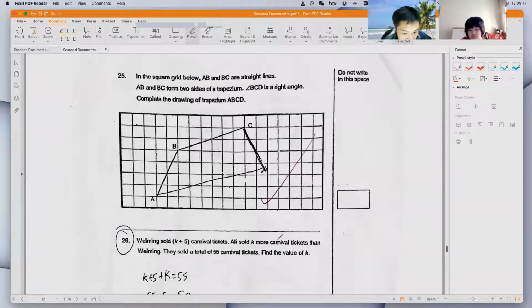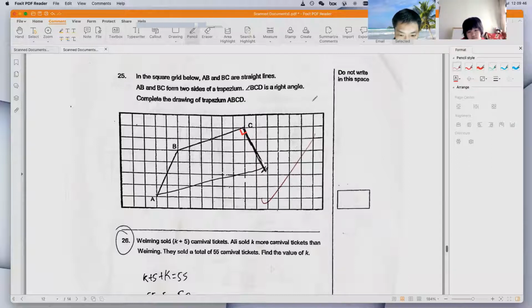For this one, complete the drawing of the trapezium. It says BCD is... by the way, this one doesn't look 90 degree to me. Do you know why? How I read this is you need to use a ruler actually.